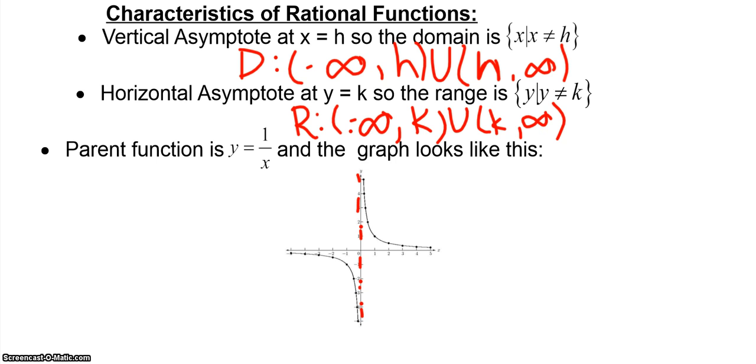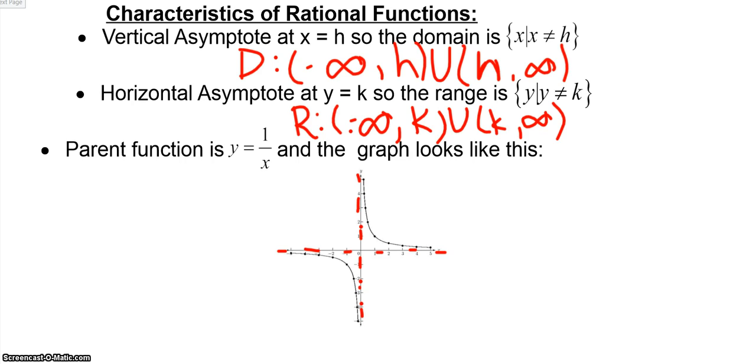Alright, and then our k, there's nothing there, so it's plus 0, so our horizontal asymptote is at y equals 0. So right there's our asymptotes. They're going to approach both of these asymptotes, but they're not ever going to touch them. Okay, so here that is the characteristics.